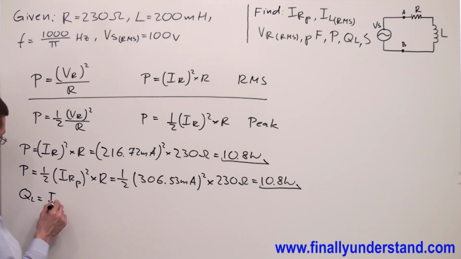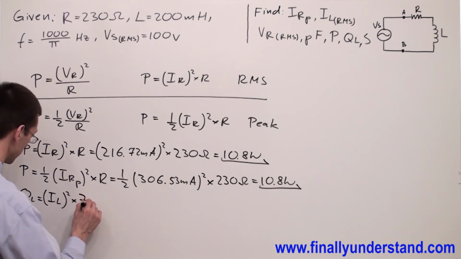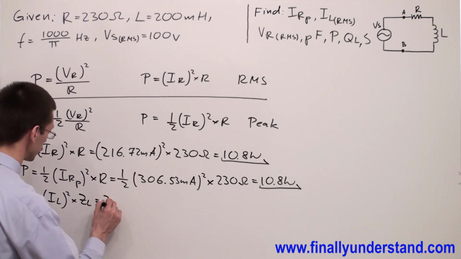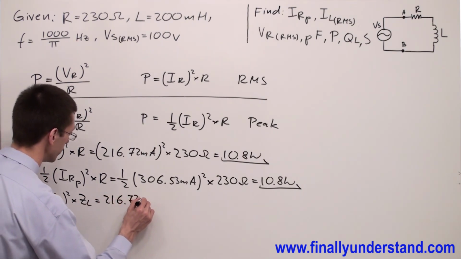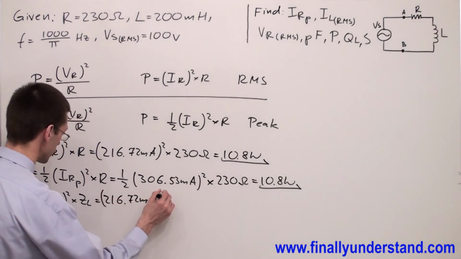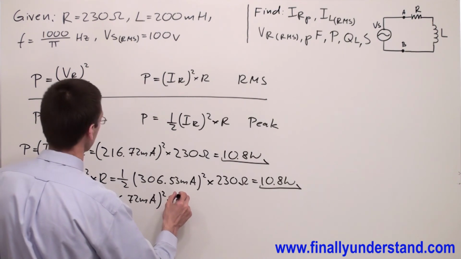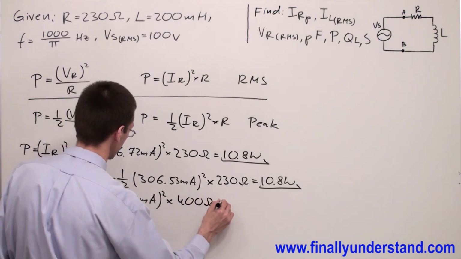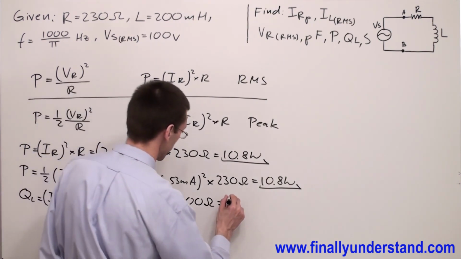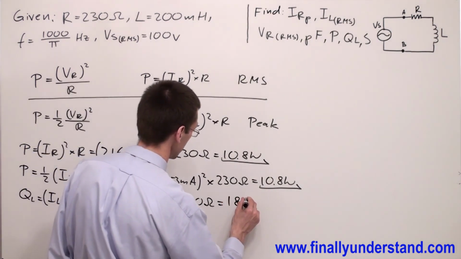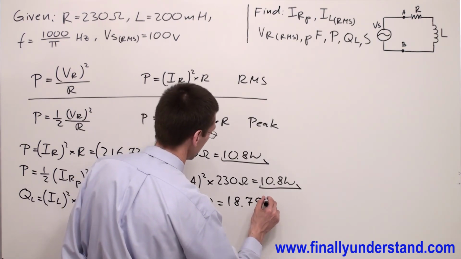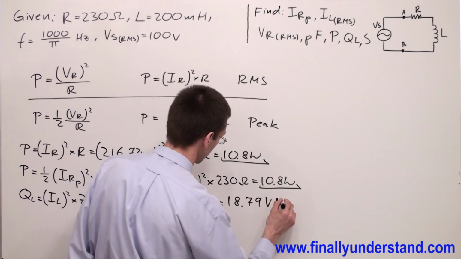I have IL to the second power times ZL, which is equal to 216.72 milliamps raised to the second power times ZL, which is 400 ohms. This is equal to 18.79 volt ampere reactive.